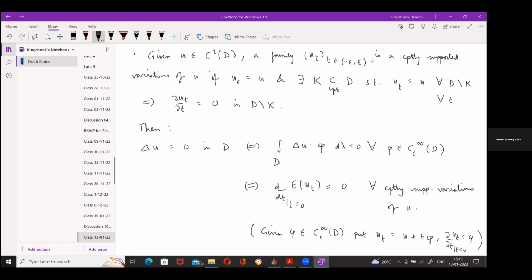It's a critical point of the energy function, a point where the derivative vanishes. But this is good enough for us right now, just talking about compactly supported variations of a function. Without getting into function spaces, and thinking of the energy as a function on some function space, it's simpler to just look at variations of a function and look at the energy along variations of a function.